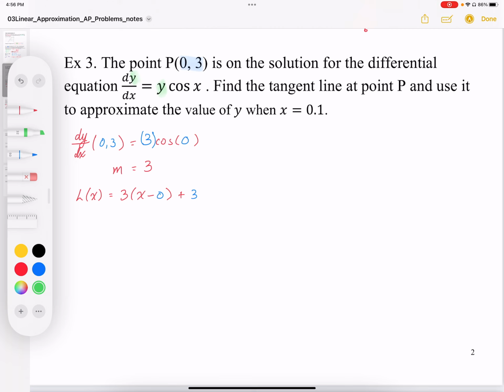That y value in the equation at x equals 0.1 is going to be approximated by the straight line at x equals 0.1. And so when I put that in there, I'm going to get 3 times 0.1 plus 3, which is 3.3. So the y value on the solution curve at 0.1 is approximately 3.3.